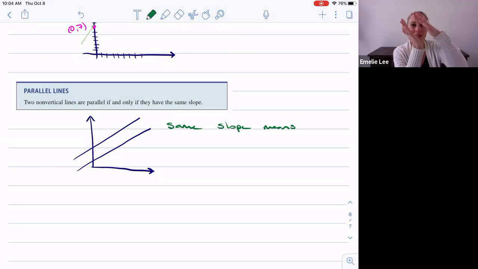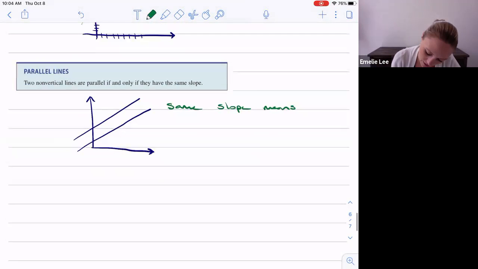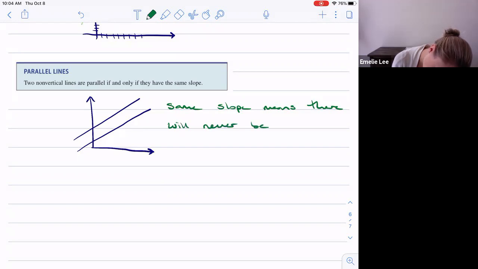So even if one had a slope like this and one had a slightly different slope, eventually, because these things go to infinity, negative infinity, eventually they would cross at some point. So there would be some sort of intersection. So the same slope means there will never be an intersection.